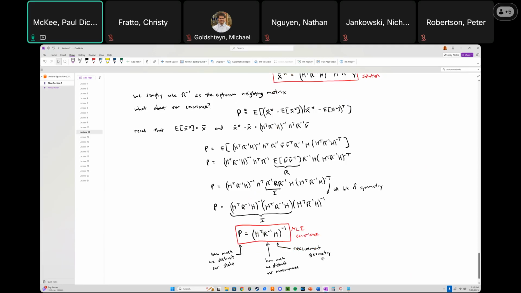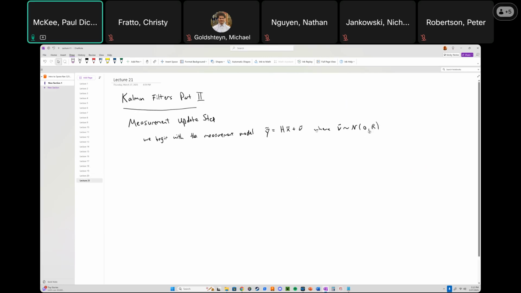That's why we said that your problem becomes unobservable if H loses rank, because that means that you're not measuring as many directions as you need to get your full state. So I just want to be abundantly clear. That's the difference between R and P. And then there's Q, the new kid on the block, which is how much we don't trust our dynamics. Right? So how much you don't trust your measurement, how much you don't trust your dynamics, how much you don't trust your state. There's 3 of them now we got to keep track of.